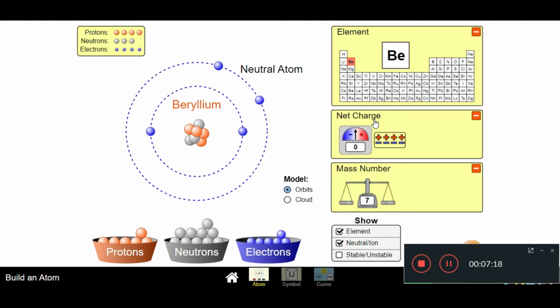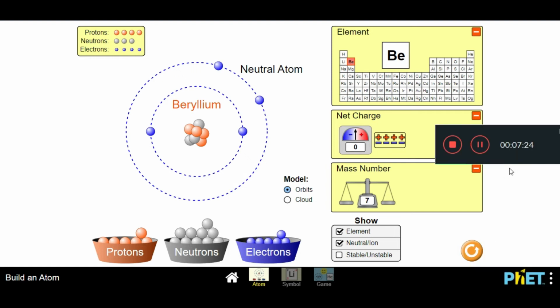All right, now for the next one, I would like to show you what will happen when I add a neutron. What will happen to this atomic model when I add one more neutron? Please guess.